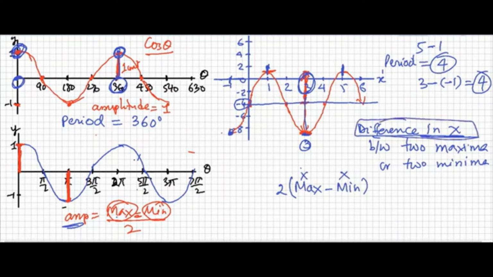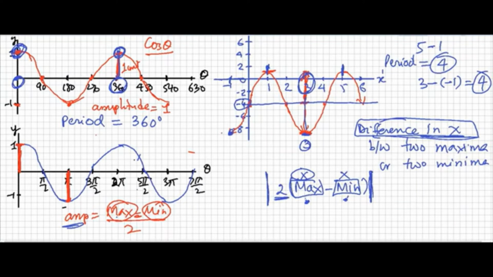So find the x value where it is maximum and the x value where it is minimum, take their difference and multiply it by 2, but you have to take the absolute. Absolute means sometimes the maximum x value will be less and the minimum x value will be more. In that case, you will get a negative number. So put an absolute, means even if it is negative, ignore it.